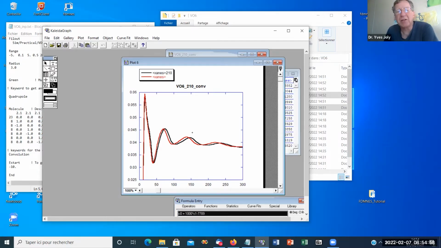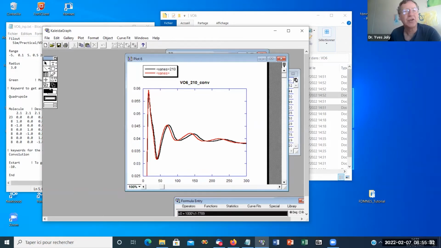And you can also understand that EXAFS is better than XANES if you are interested only by the distances of the different shells around the absorbing atom, because the higher the energy, the more difference you will have in energy between the different bumps. Of course, you have to hope that you have no other edge or other damping effect making this too small to see this difference.